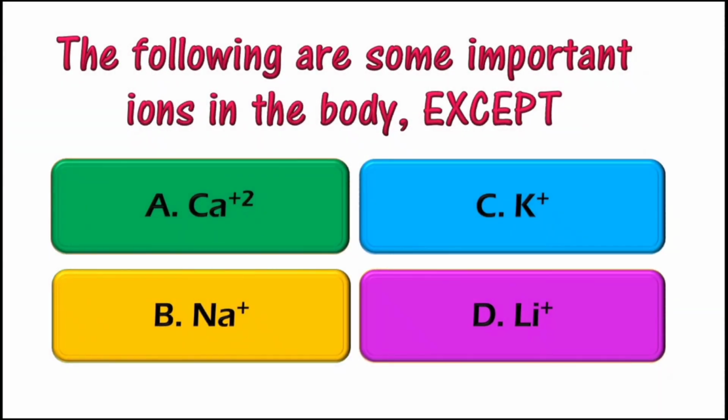The last question is, the following are some important ions in the body except A. Calcium ion. B. Sodium ion. C. Potassium ion.